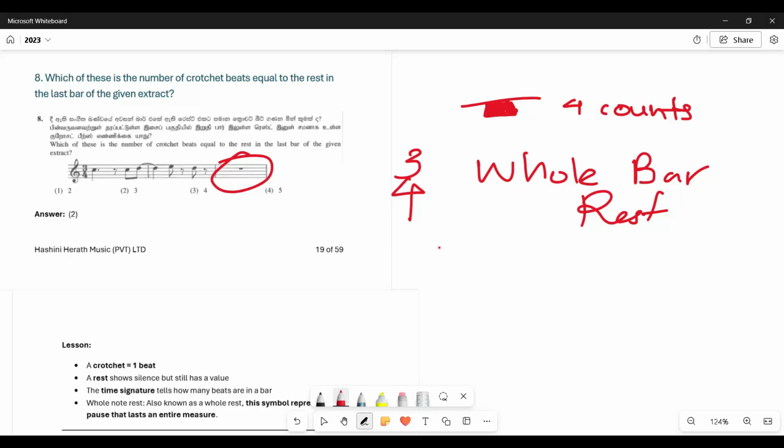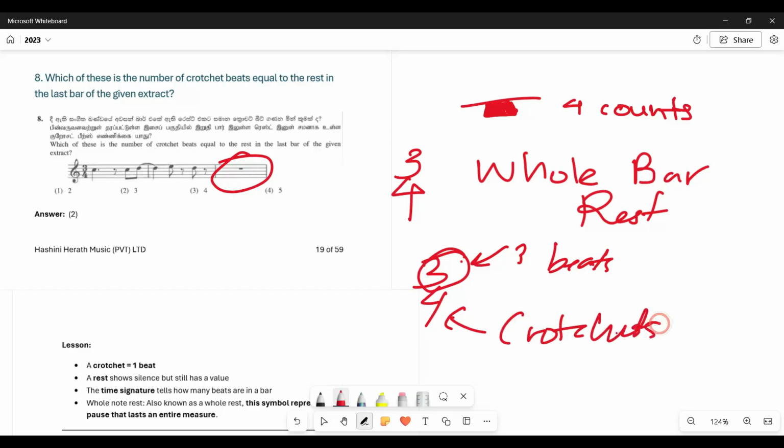So therefore 3/4, 3 means 3 beats, 4 means crotchet beats, so 3 crotchet beats, right? So this has to represent only 3 crotchet beats, not 4, not at all. So this would be the answer.